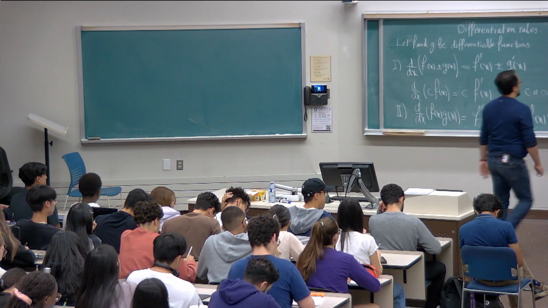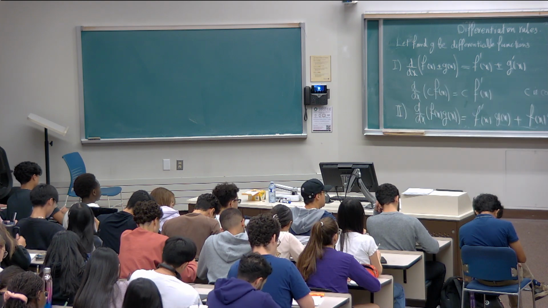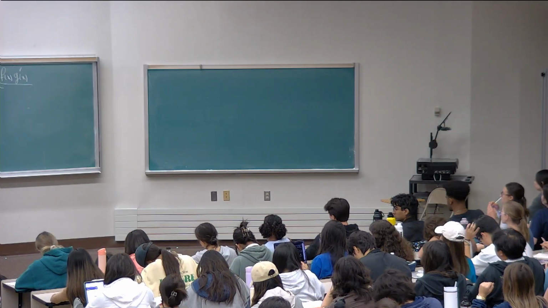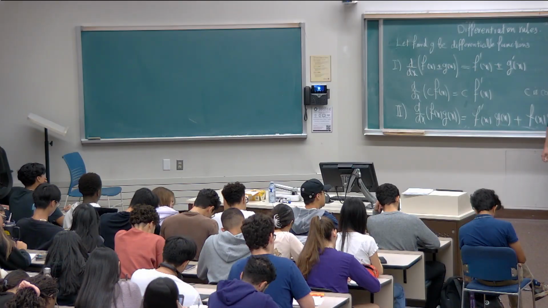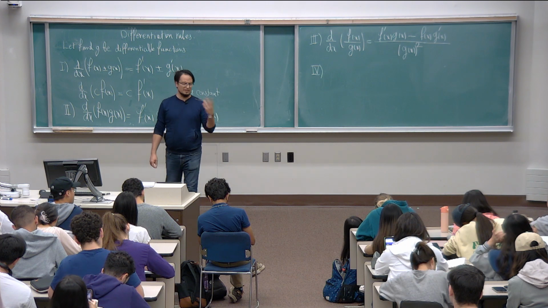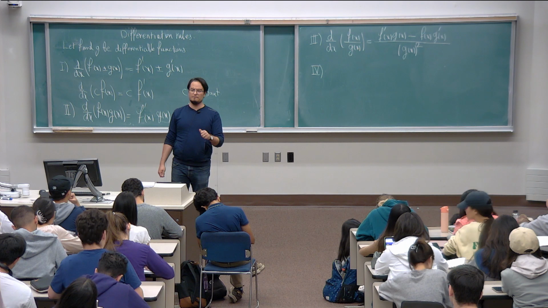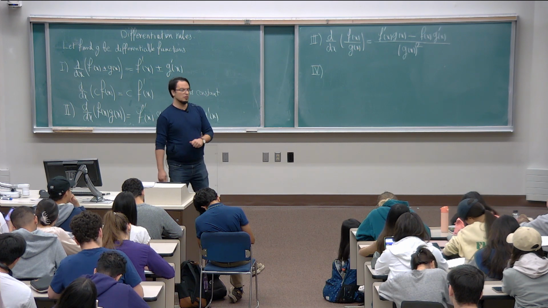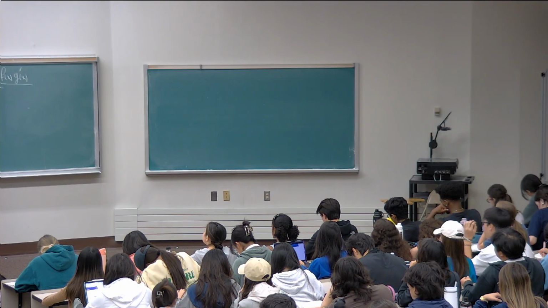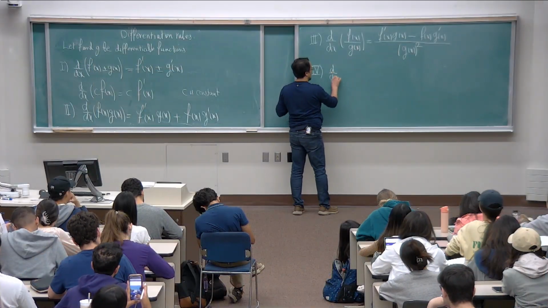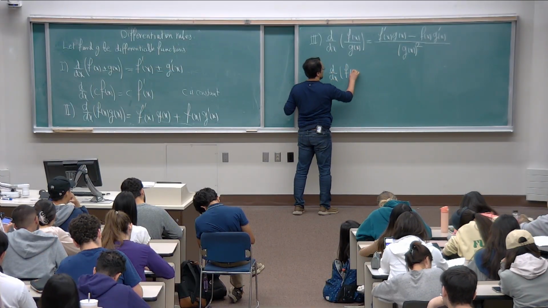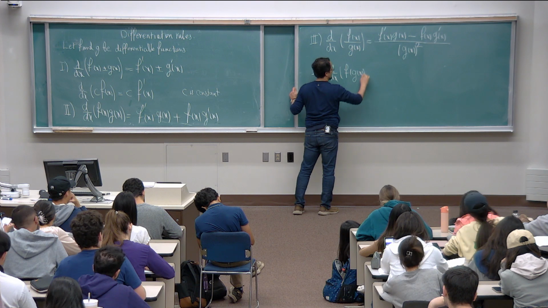We also have something called the chain rule. We'll work with it in different situations, but this is about differentiating the composition of two functions. What if I have f evaluated at g(x)?